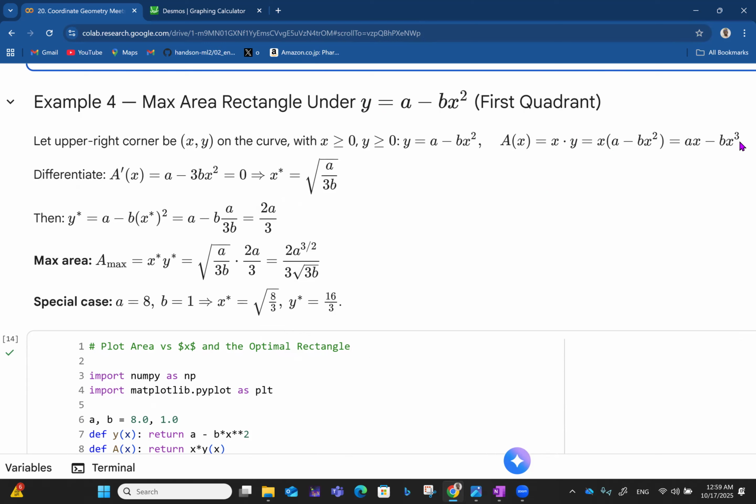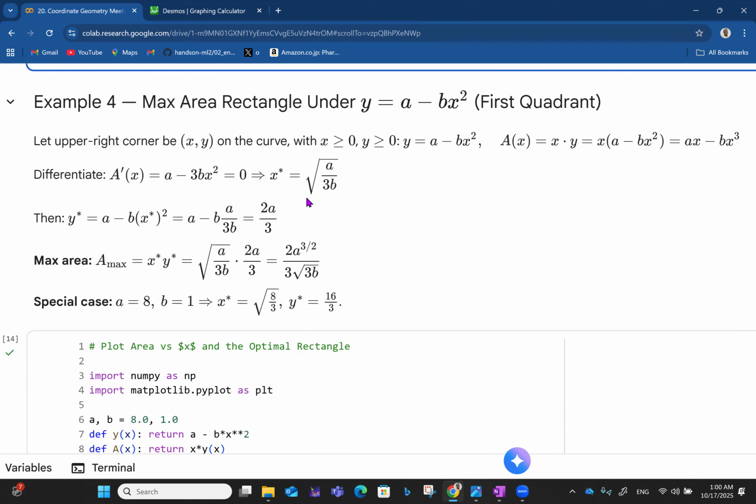That's ax minus bx cubed. So if we differentiate, A prime of x, differentiate ax, that's a, differentiate bx cubed, you get minus 3bx squared, and equate that to 0. That implies that the critical value of x, if you solve all this, will be square root of a over 3b.